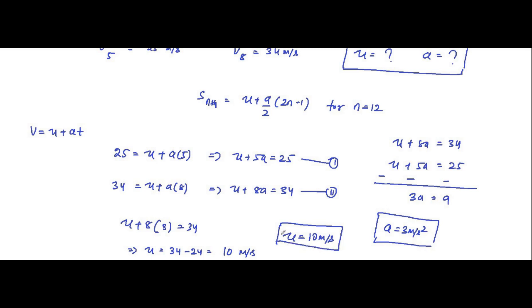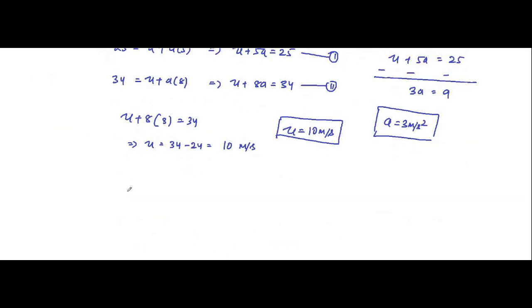Now we can substitute for n is equal to 12, the 12th second. s nth is equal to u, which is 10, plus a by 2, which is 3 by 2, into 2n minus 1, which is 2 into 12 minus 1.